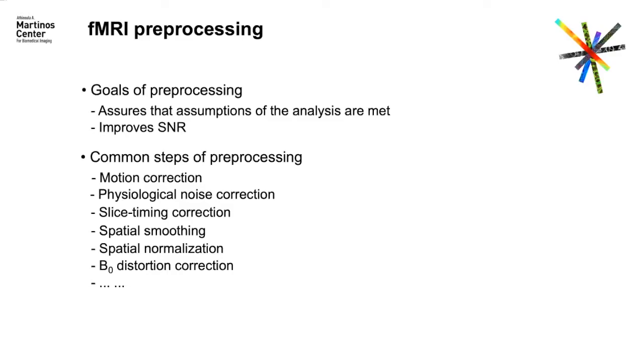Here are some common steps of pre-processing that we will shortly go through. Not all of these are used in every study, and in some studies they are done in a different order, but it really depends on what kind of study and analysis you want to do.